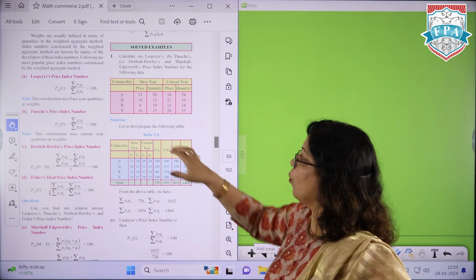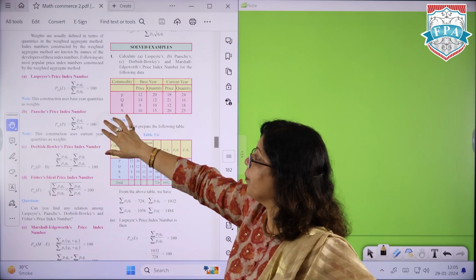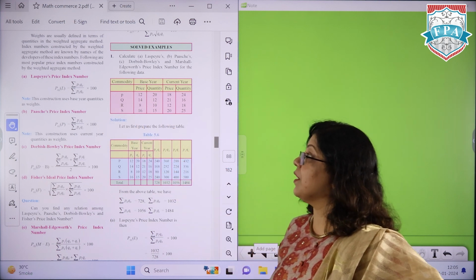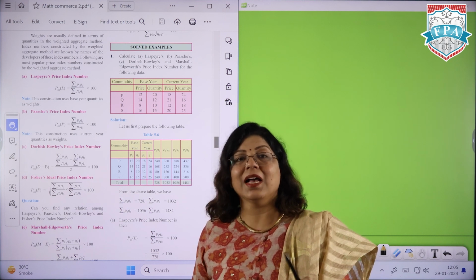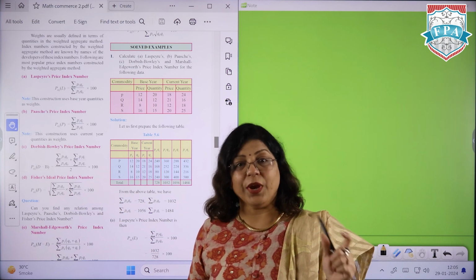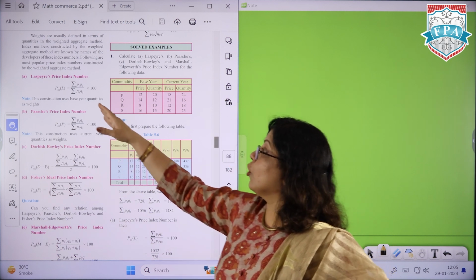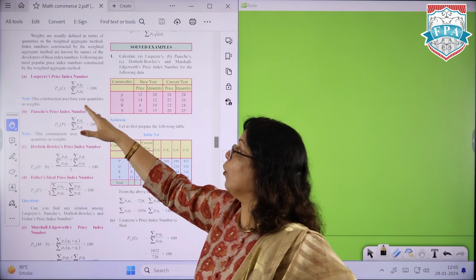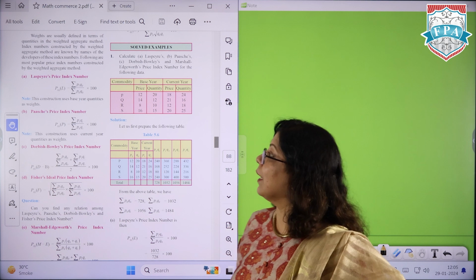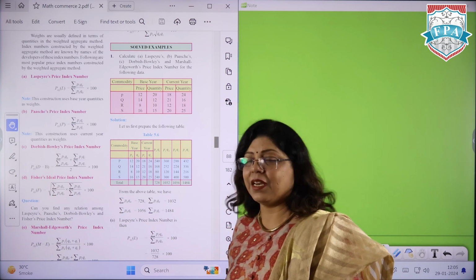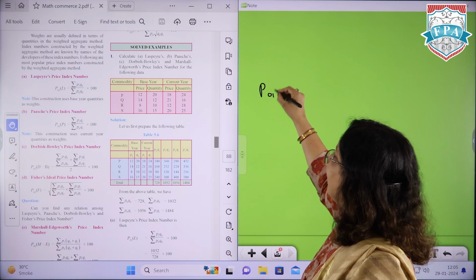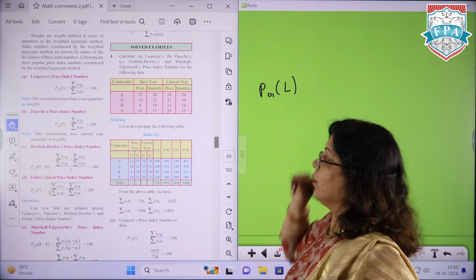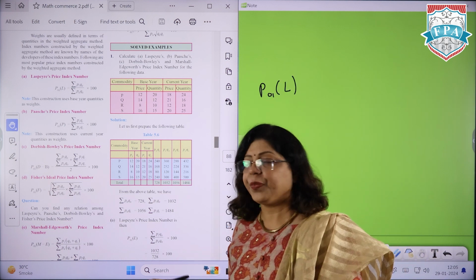Now the first one over here is by Laspeyres. Laspeyres gave the price index number using base year quantity as weights over there. So it is sigma P1 Q0 upon sigma P0 Q0 into 100. That is your Laspeyres price index method. Also denoted as P01, bracket L to show that it is Laspeyres.